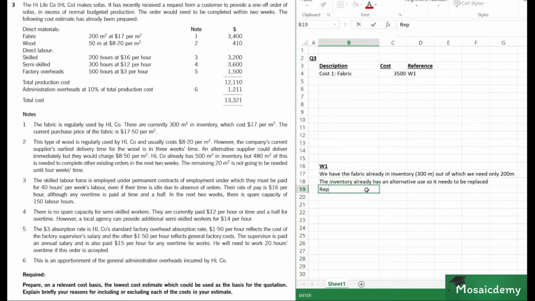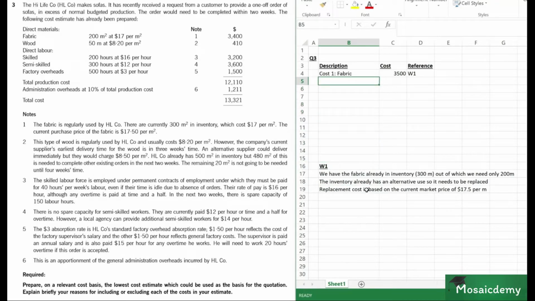And replacement cost is based on the current market price of $17.5 per meter. Yeah. So we have our explanation here. That's sufficient. So you'll get a mark for the cost and a mark for the explanation as well. Let's move on. Next, we have the second paragraph.